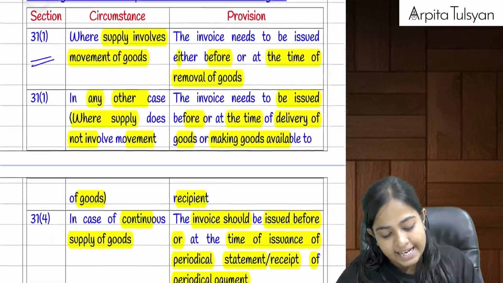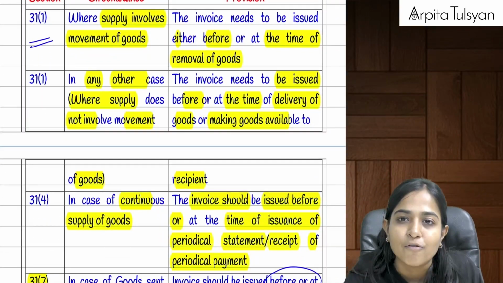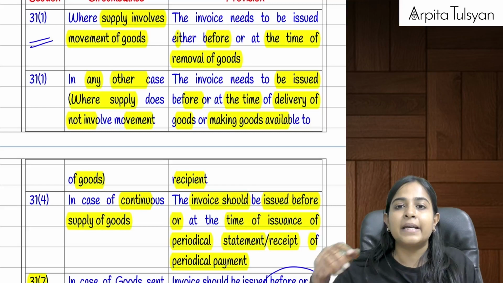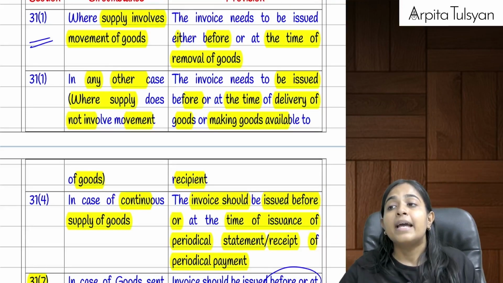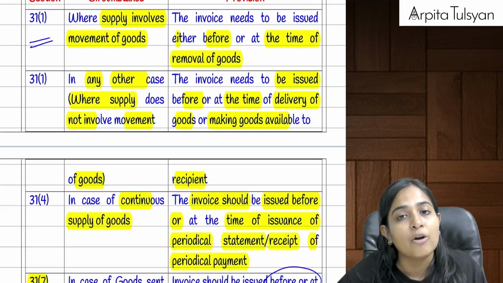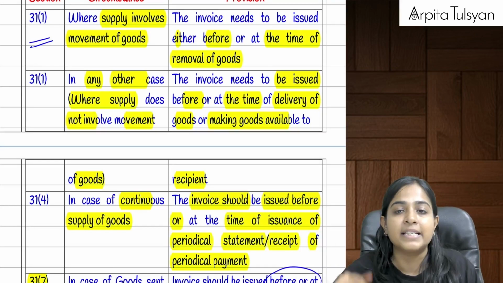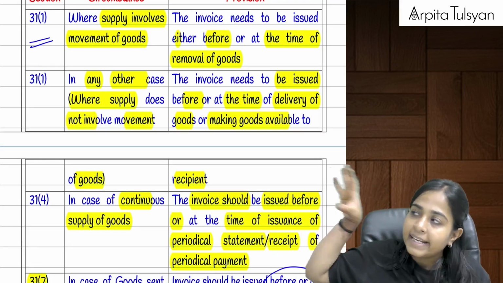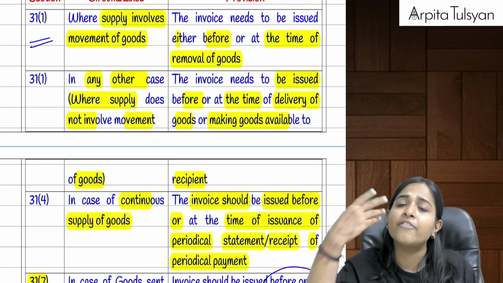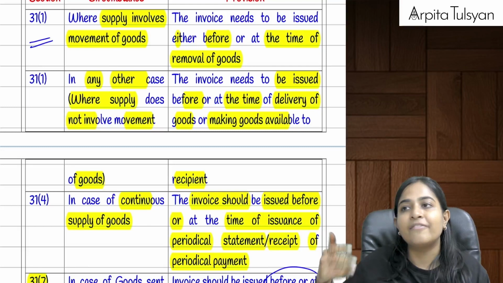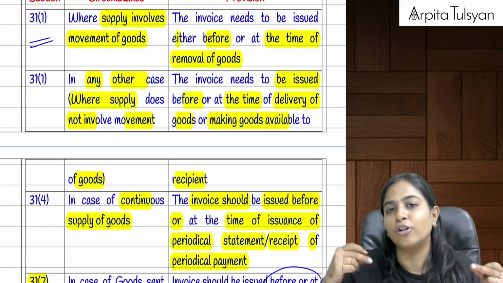Now let's say any other case where the supply does not involve movement of goods. We took an example in the full batch also: let's say I had given you an AC on rent that is already installed in your premises. I visit your premises and tell you, okay fine, I am selling it to you. There is no movement of goods involved, although the goods have now been sold.